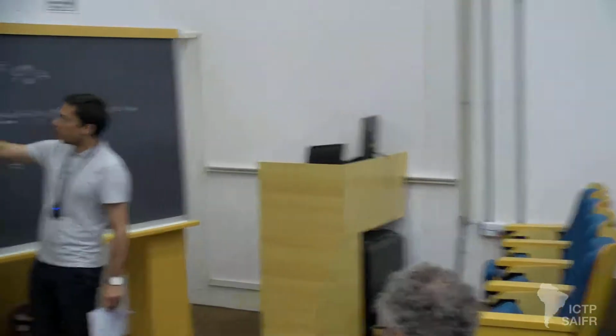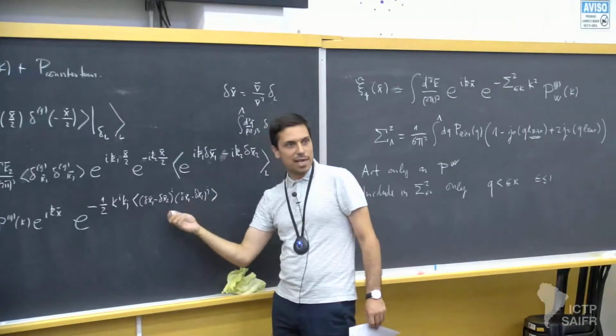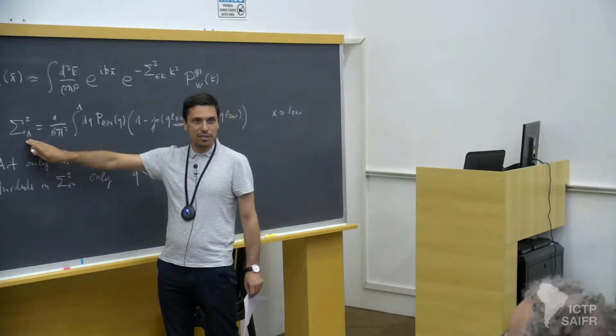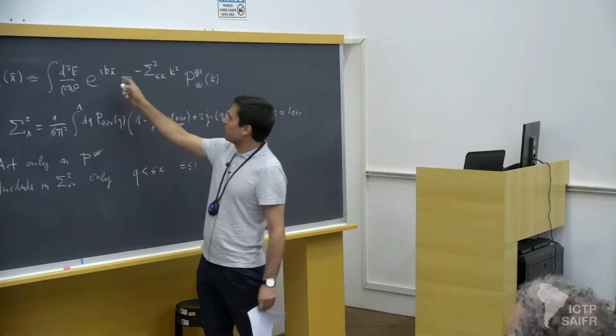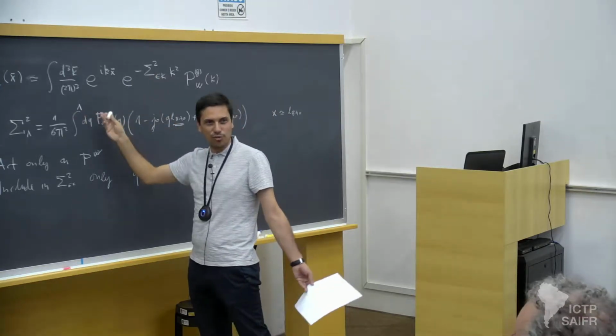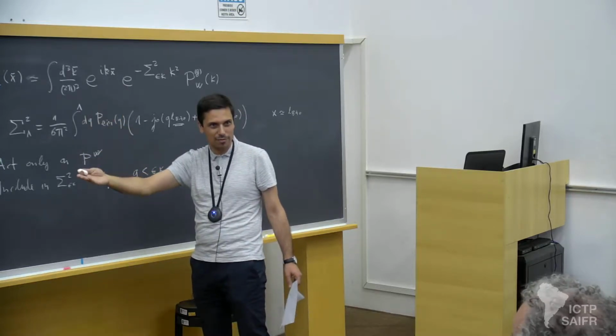So when I'm calculating the variance of this relative displacement here, I'm going to get exactly this formula. And in this formula, given some k mode here, I don't want to include all possible Fourier modes. I want to include only those Fourier modes for which the argument applies to begin with.